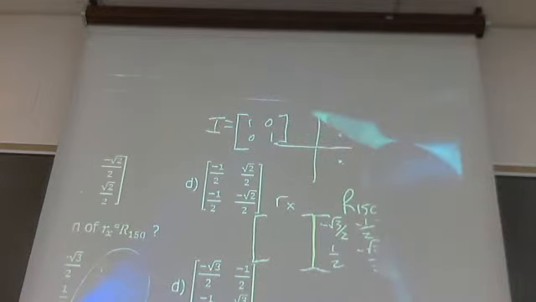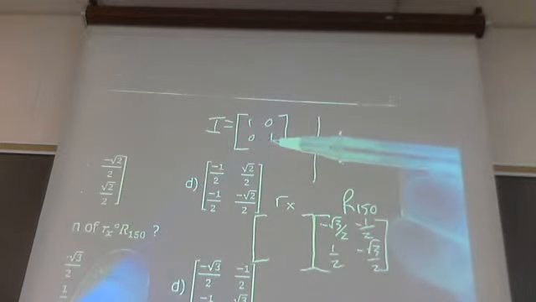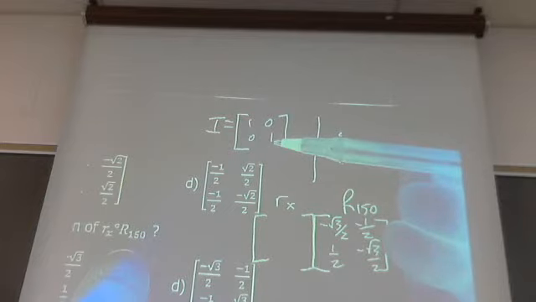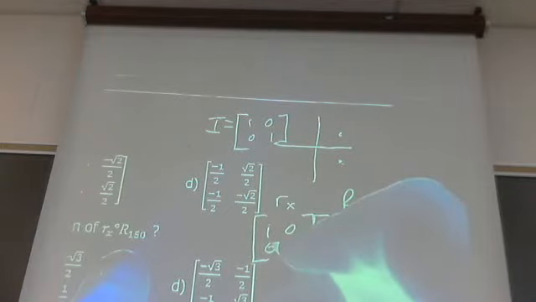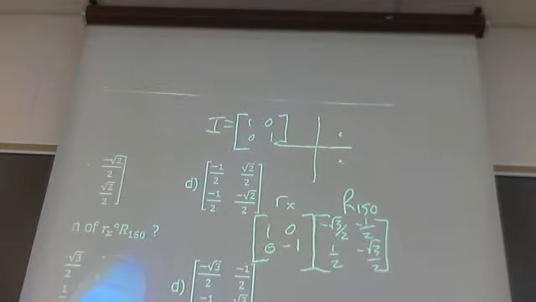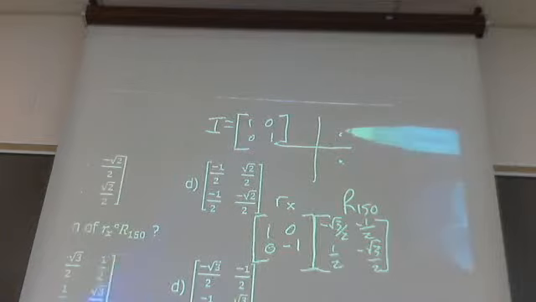The upper left controls X, the lower right controls Y. That's what we talked about way back when. And if the Y value is changing, then it would look just like that.